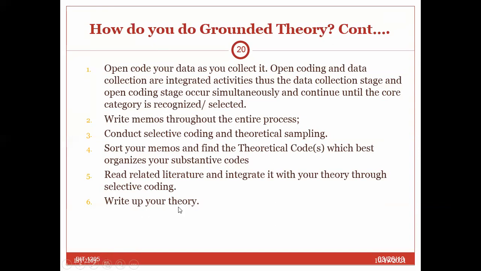So you have data, read literature, have a final theory. Or you have data, then you have a kind of theory that you've seen from the data, whereby theory means an explanation of why something is happening the way it's happening. Then you read literature and relate it to your theory, and then you come up with your final theory. So those are the 4 qualitative methods we have looked at.